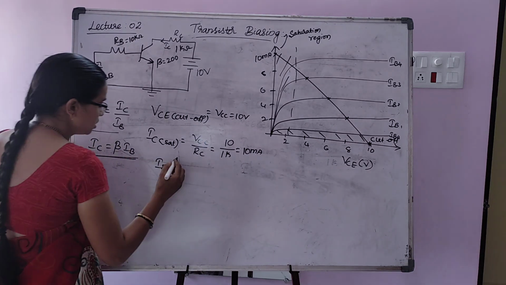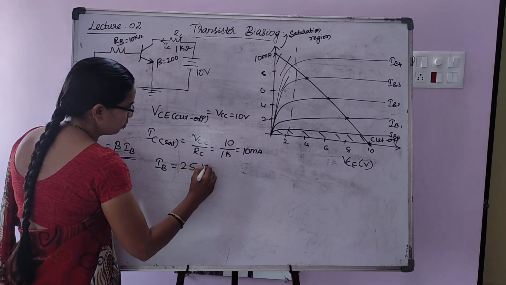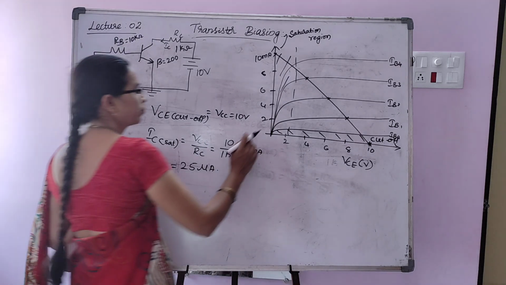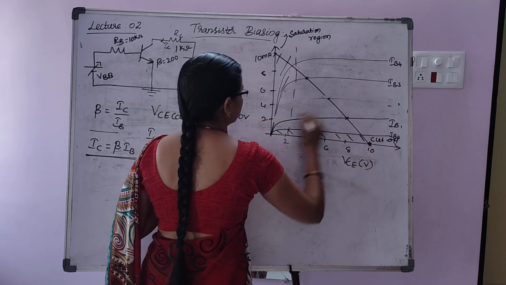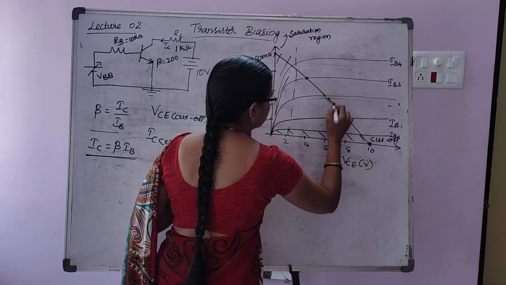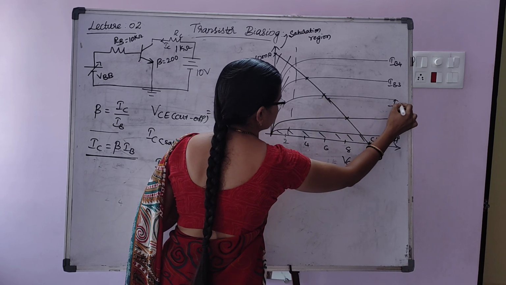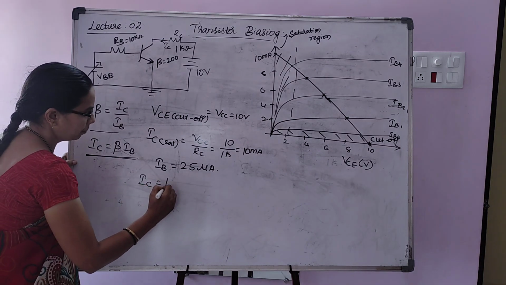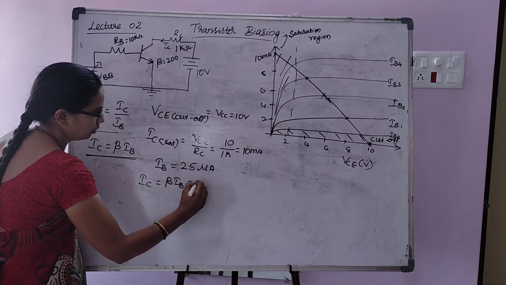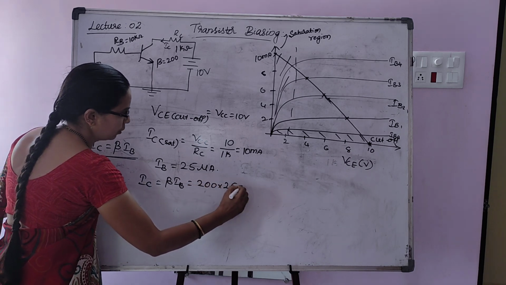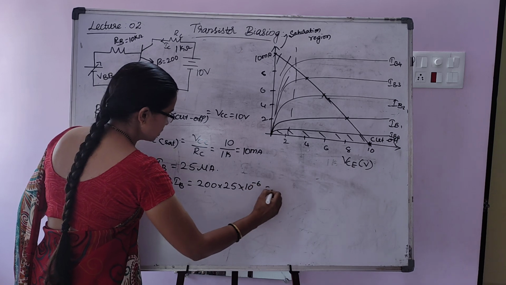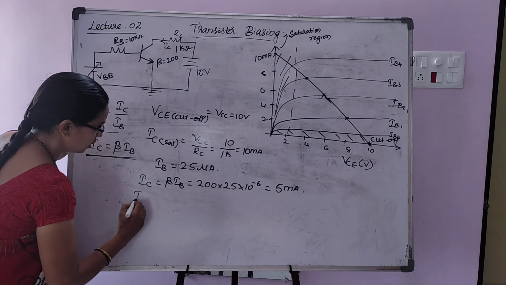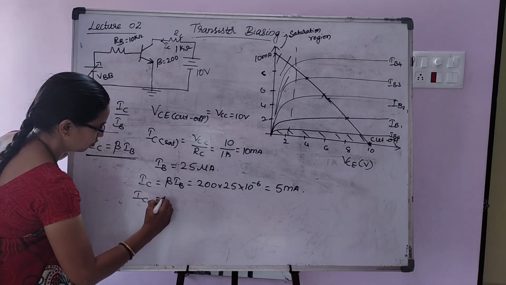Let me keep IB equal to 25 microamperes, constant IB, if I take 25 microamperes. So IC is equal to beta IB, then beta is 200 given, into 25 into 10 to the power minus 6, you get 5 milliamperes, and that is called ICQ.